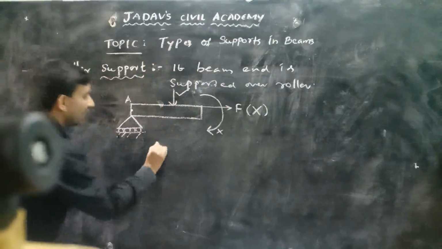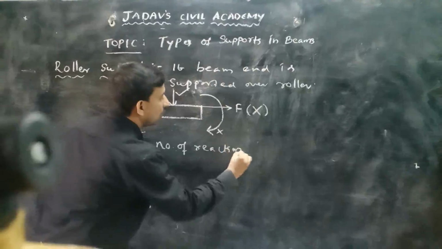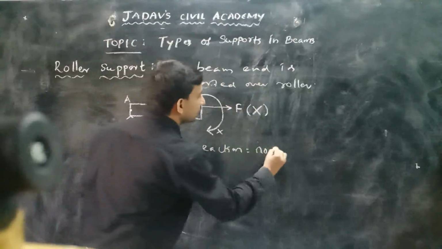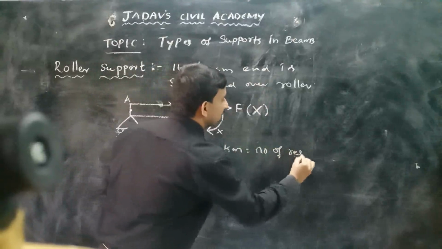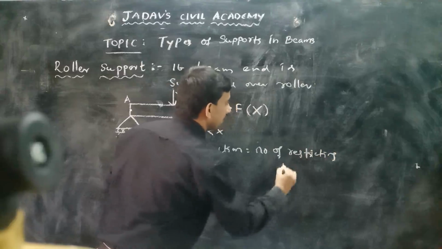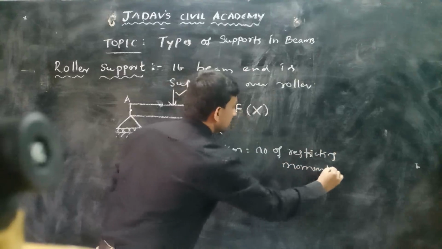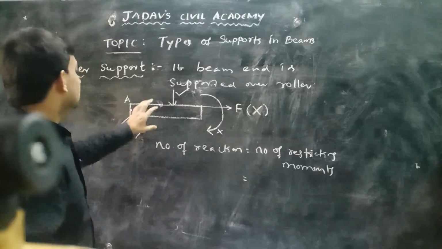So the number of reactions is equal to the number of restricting movements.